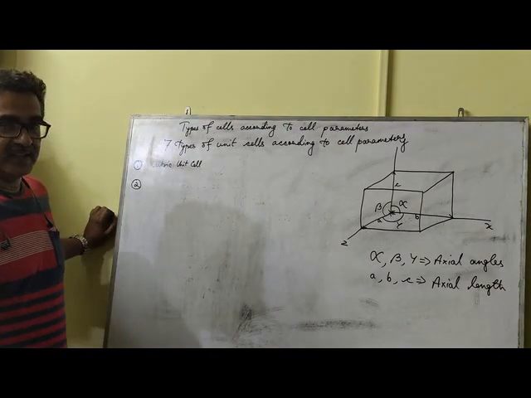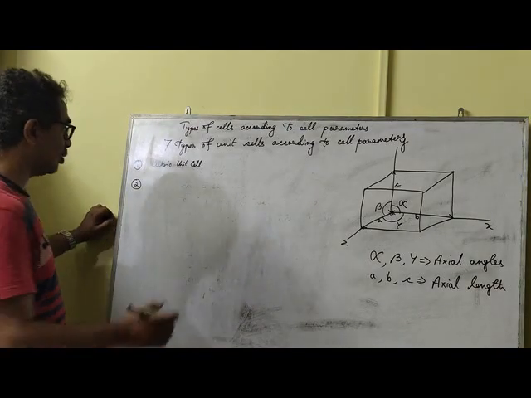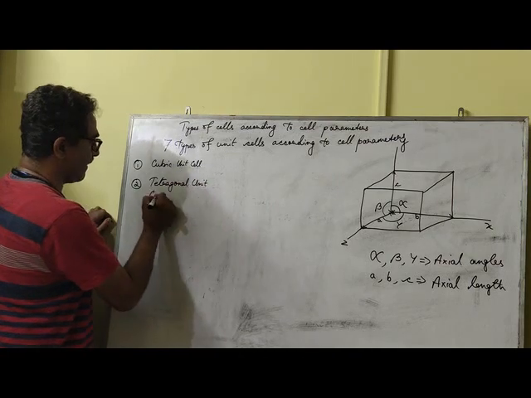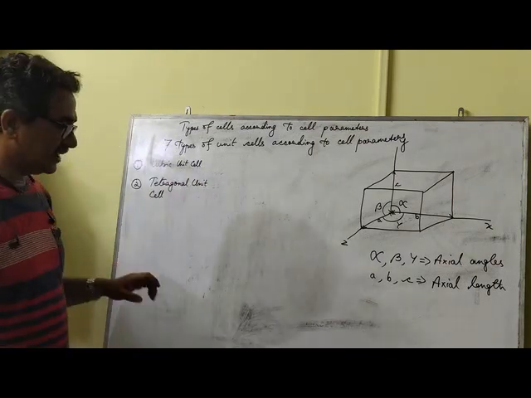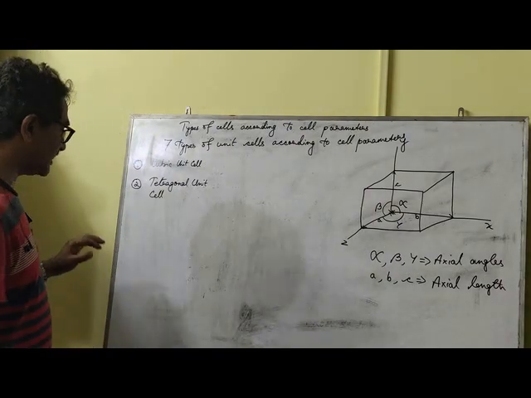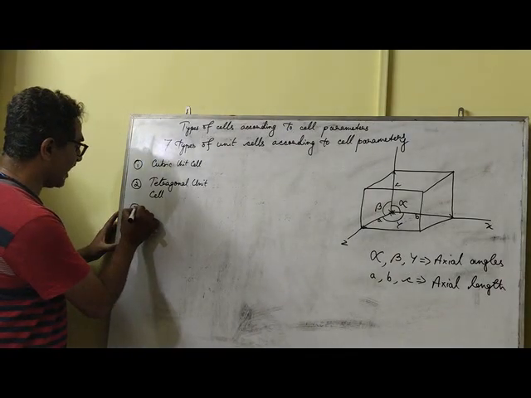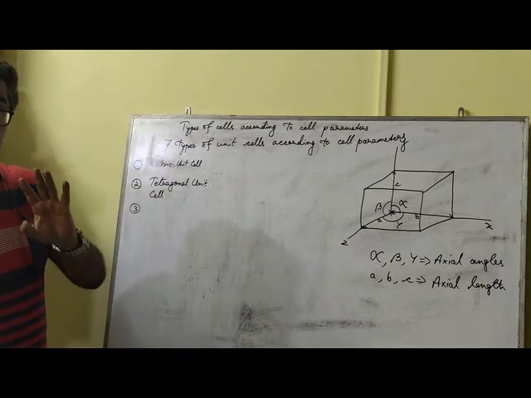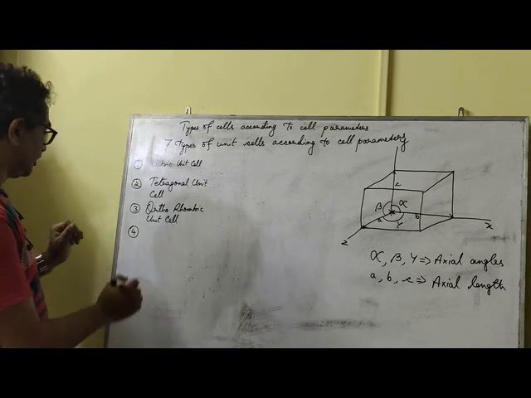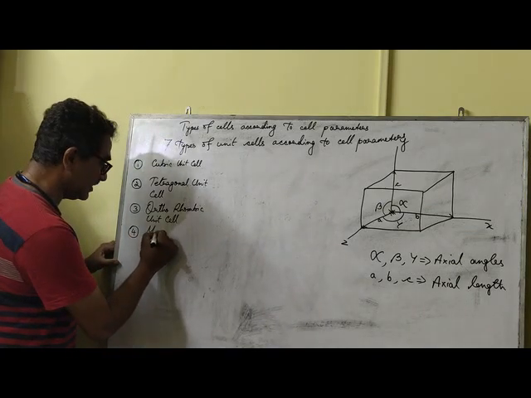Then we have the tetragonal unit cell. Next, we have the orthorhombic unit cell. Then we have the monoclinic unit cell. Weird names.